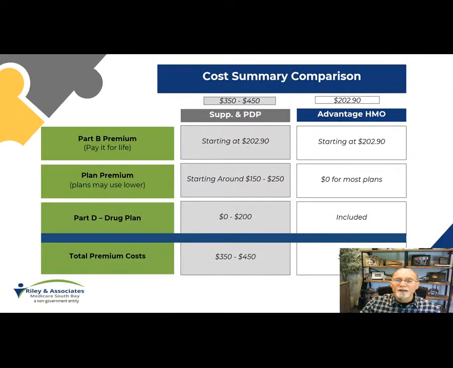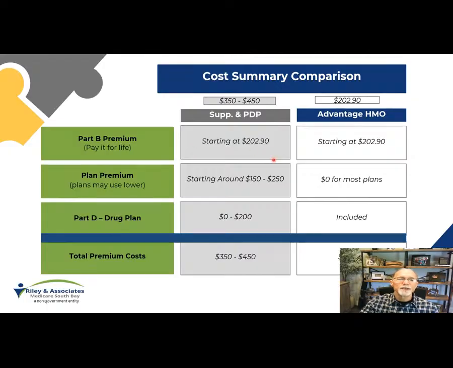Okay, so as I mentioned at the beginning, with our clients at this point, we usually go through their specific recommendations. These are just general recommendations to give you an idea of what option 1 and option 2 look like. Okay, so in option 1, you would be staying with original Medicare. You'd be paying your Part B premium of $202.50.